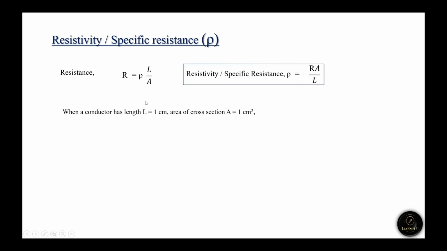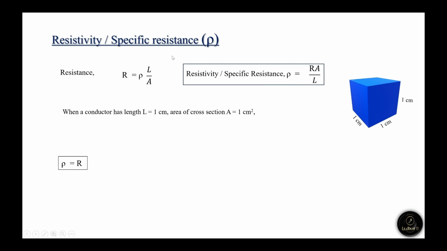When the conductor has a length of 1 centimeter, then L is equal to 1. If it has a cross-sectional area of 1 centimeter square, then A is 1. At that time we can imagine the conductor like this: 1 centimeter length, 1 centimeter square area. Then the specific resistance is equal to the resistance of the conductor.